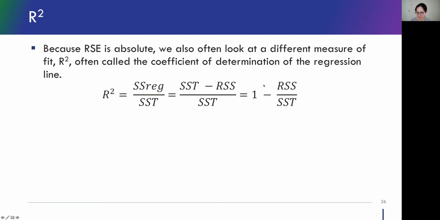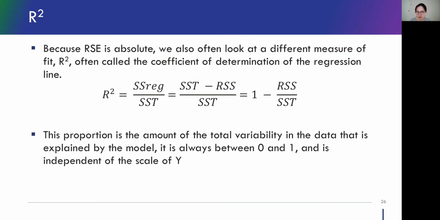So now you know why R squared always ranges from 0 to 1, because SST is the summation of RSS plus SS regression. This ratio is always less than 1, so 1 minus it is always positive, which gives us a quantity within 0 to 1.